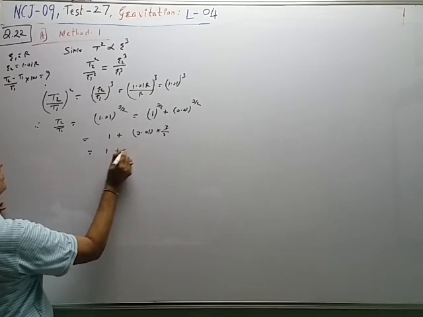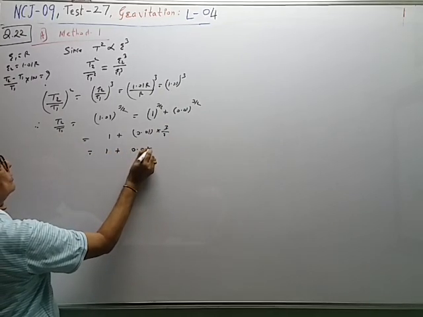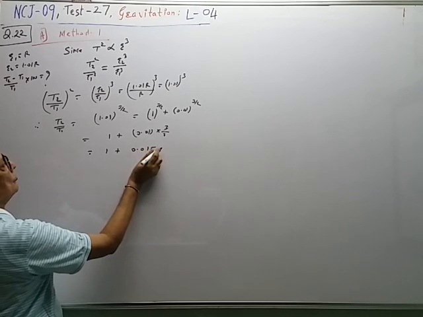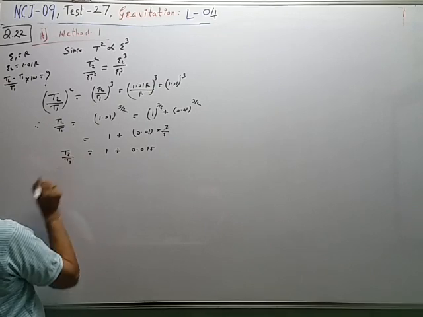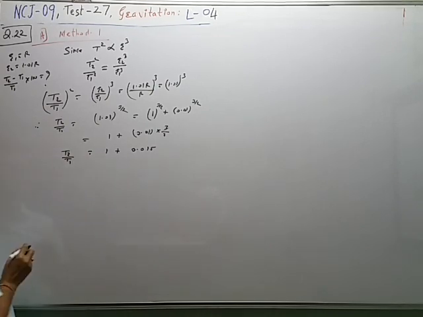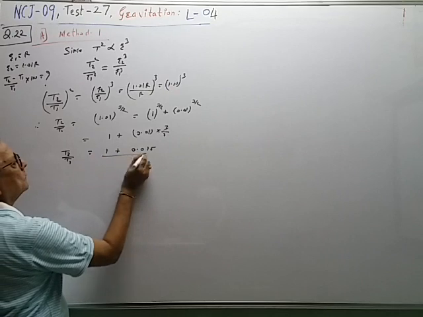So this is equal to 1 plus 0.015. So this is T2 upon T1.